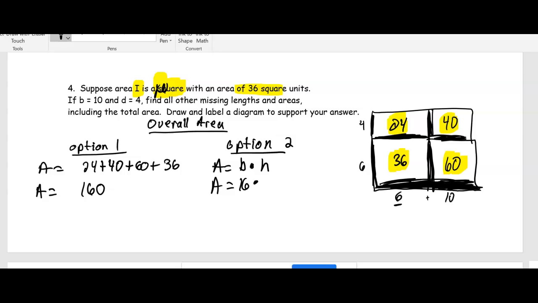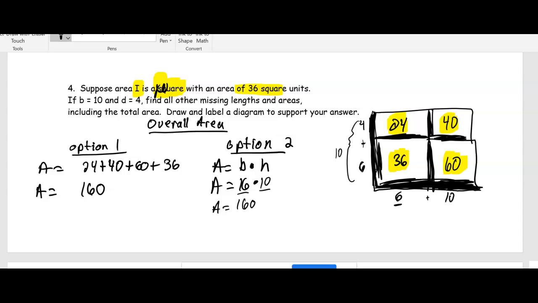We would then multiply by the overall height. So here's our overall height. Well, part of it is 6. The rest of it is 4. So if I just did 6 plus a 4, this whole length over here would have to be a 10. So if we did the overall base, overall height, we multiply those together, you're going to get the same exact area that we would get if we added up each of those 4 rectangles individually. Okay? So that's what we had finished yesterday.